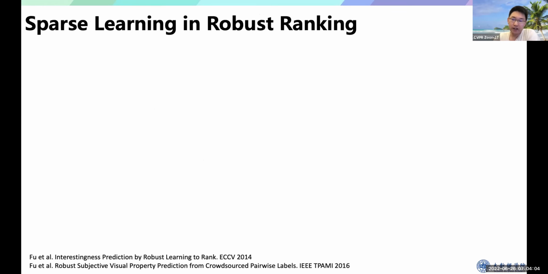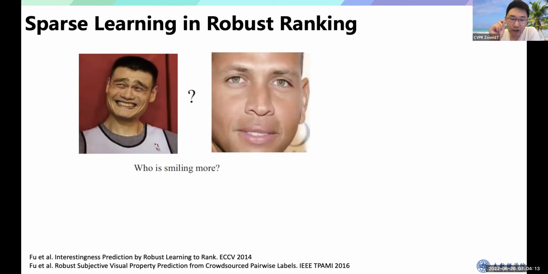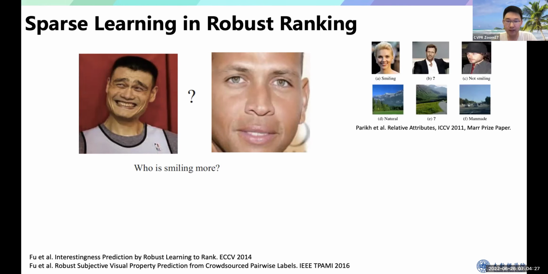Our linear system can also be used for crowdsourcing ranking tasks. Particularly, given two paired images, we can do crowdsourcing and ask a lot of people to give their votes. Interestingly, this task is very related to the task of learning relative attributes in computer vision.